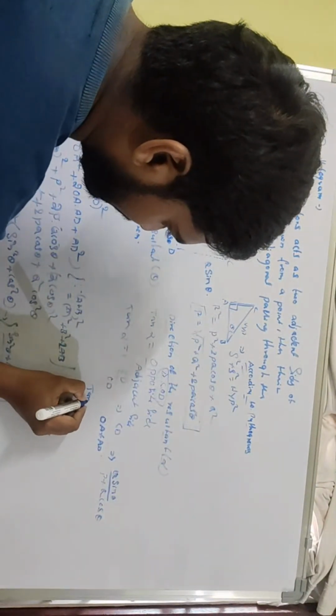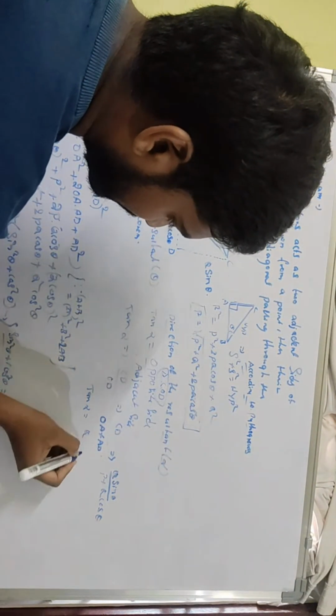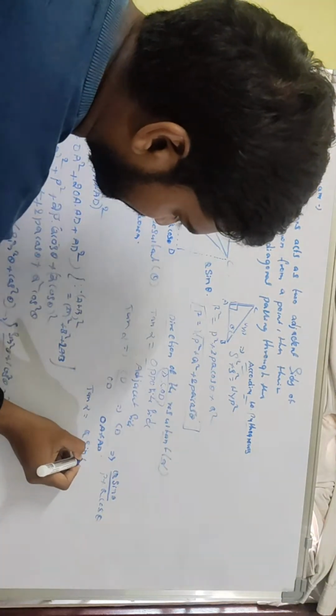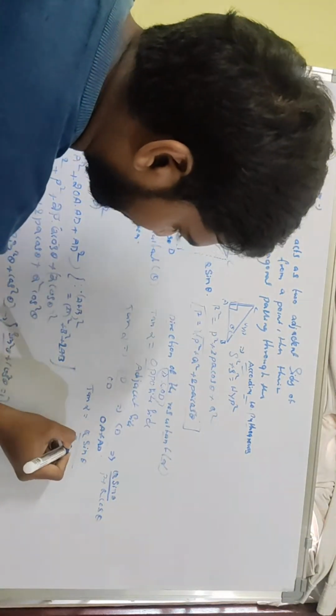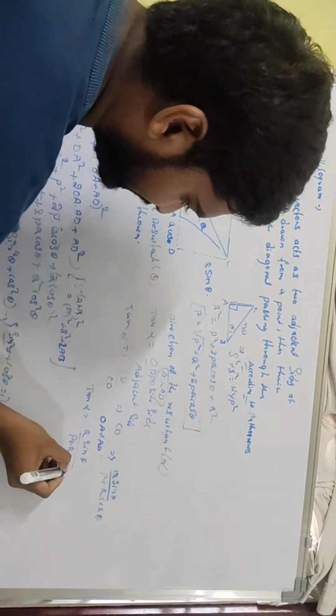So tan alpha is equal to Q sin theta divided by P plus Q cos theta.